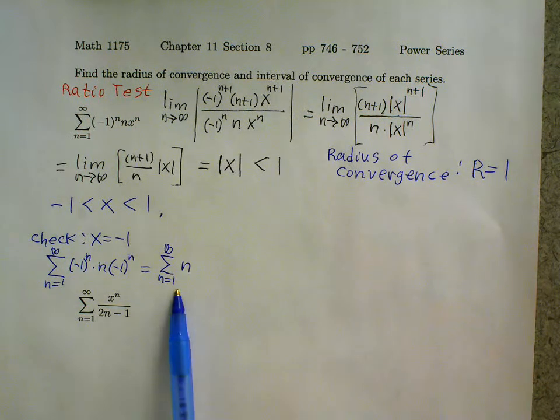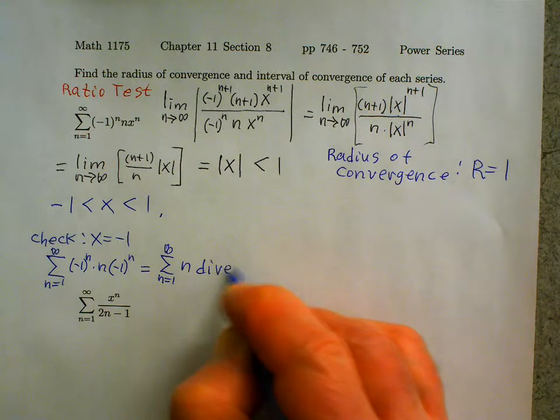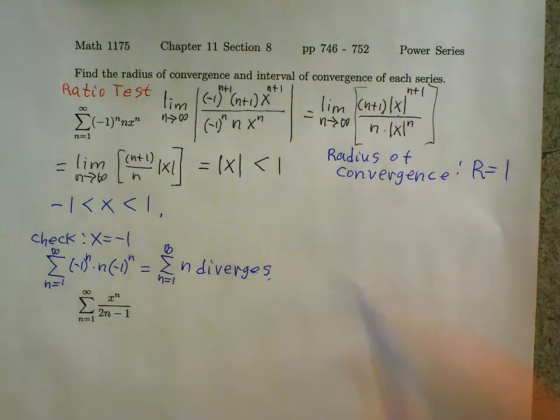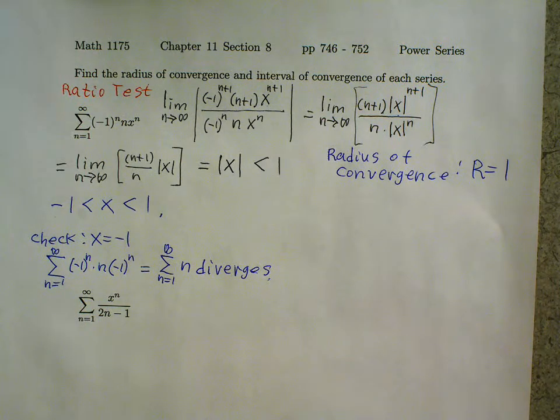So does this series converge or diverge? Well, this series is 1 plus 2 plus 3 plus 4 plus 5. So it diverges, right? So that means we exclude -1 from the interval of convergence.